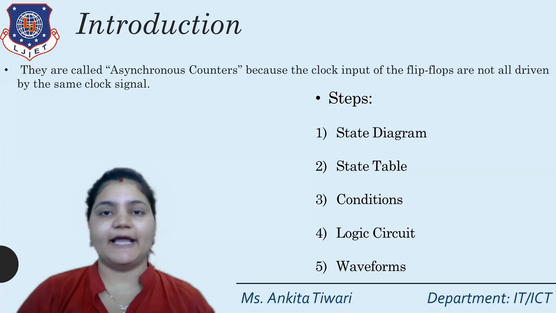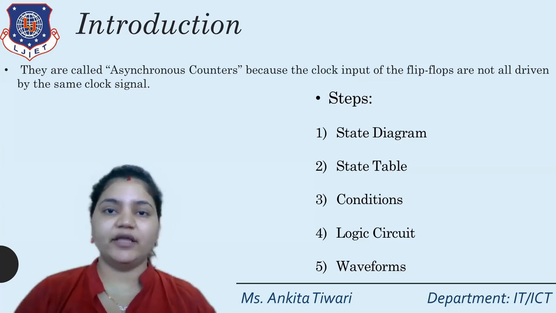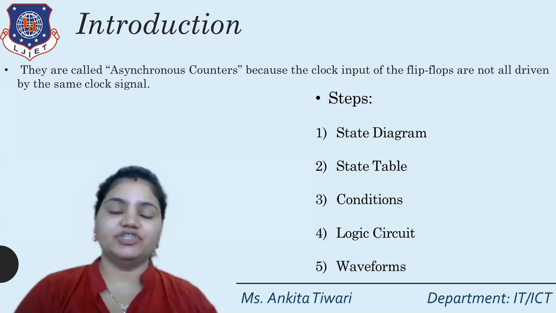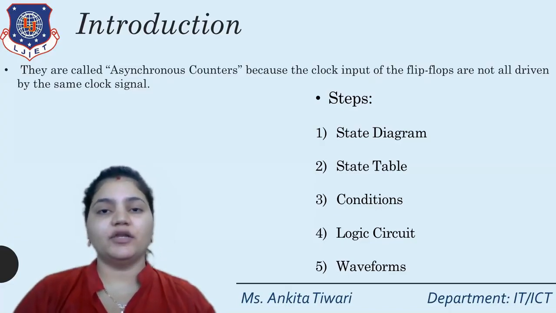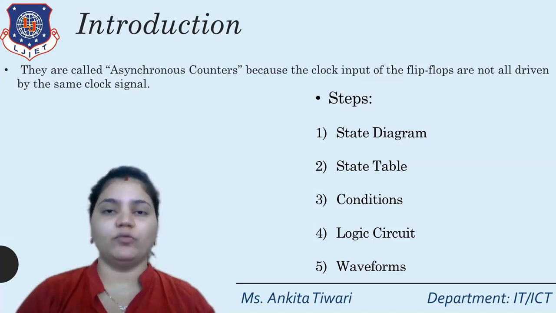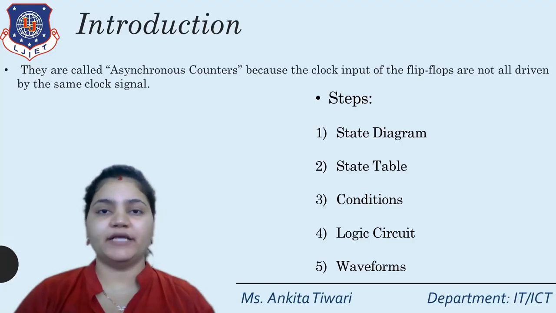That is, first is state diagram. The second step is state table. The third is conditions. The fourth is logic circuit. And the fifth is waveforms. Now, with respect to asynchronous circuits, when we are having that circuit, we are having some forms of states. Now, that states will be in two forms, that is present state and next state.